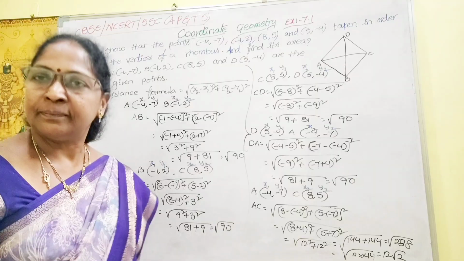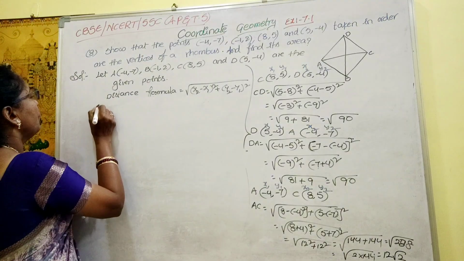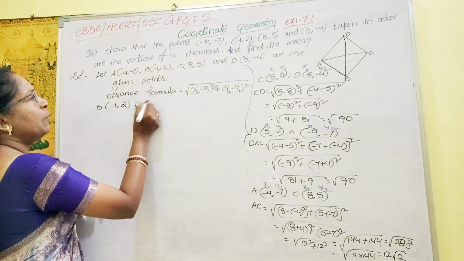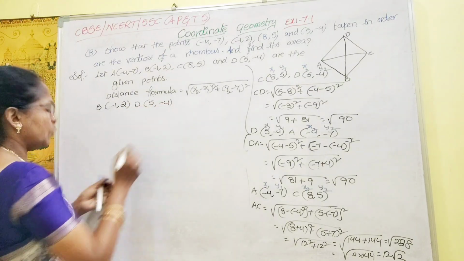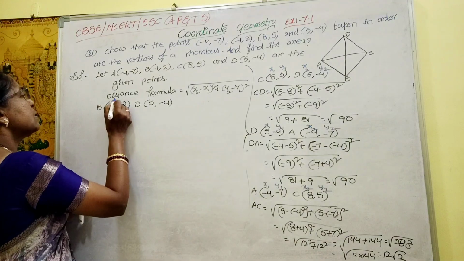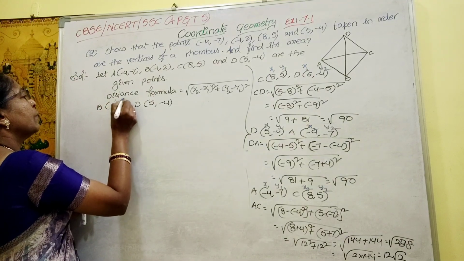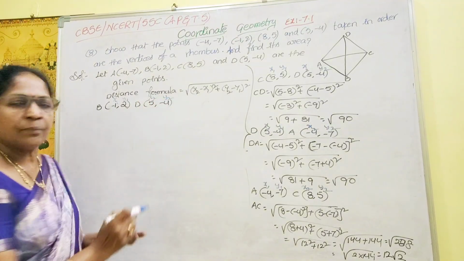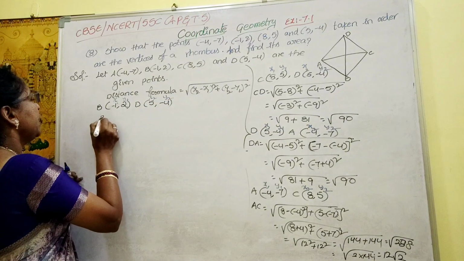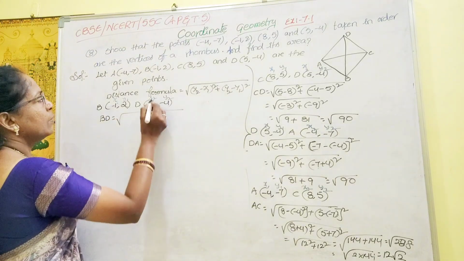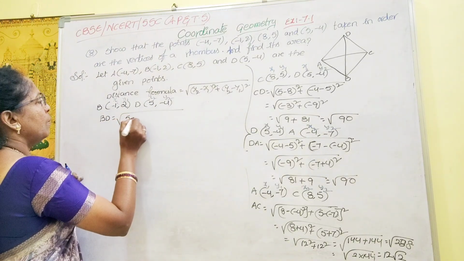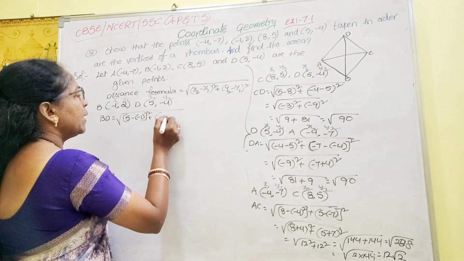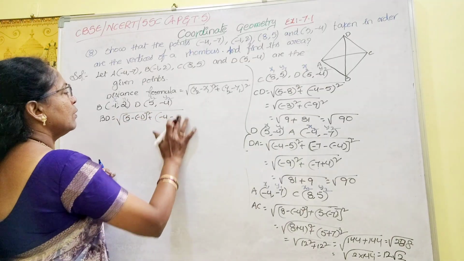Next one, BD. B is (-1, 2) and D is (5, -4). Again represent x1, y1 and x2, y2. Now BD equals the square root of (x2 minus of -1) whole square plus (y2 equals -4 minus 2) whole square.